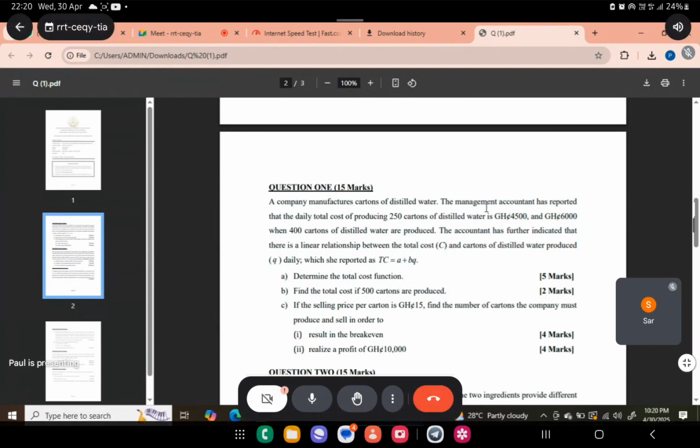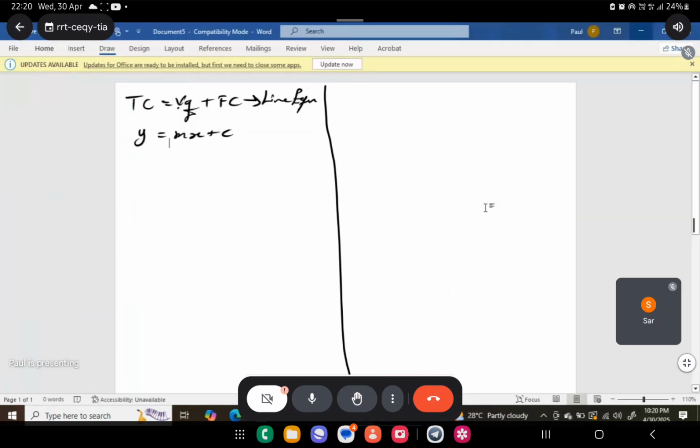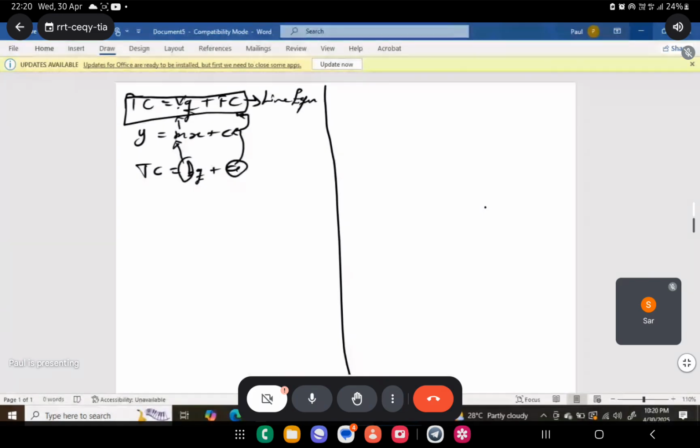So it's the same thing as this, but they decided to write it as BQ plus A, where A is likened to C, the fixed cost, B is M, the variable cost per unit, and Q is X, the quantity.